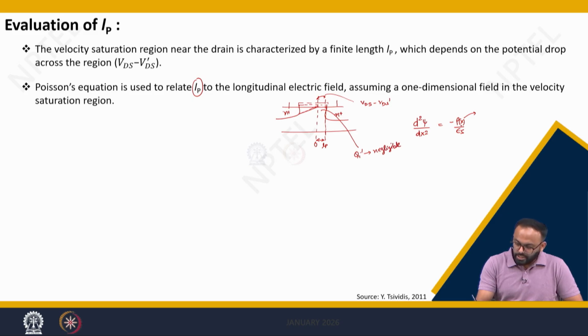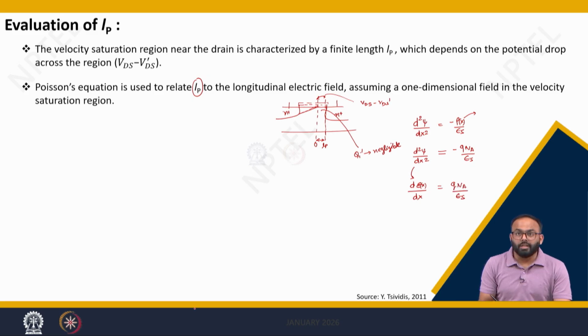So, the total charge is nothing but the substrate charge, or you can rewrite this equation as d square psi divided by dx square is equal to minus q into Na divided by epsilon s. This can be rewritten in terms of electric field as d of Ex is equal to q into Na divided by epsilon s.